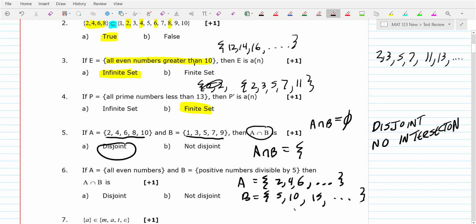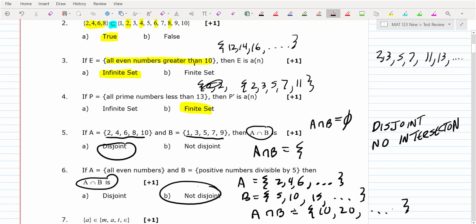All right. So what we're looking for is the intersection of those two sets. Are there any numbers that are even and at the same time divisible by 5? Yeah, there's a whole bunch of them, right? So what are they? There you go: 10, 20, and so on.